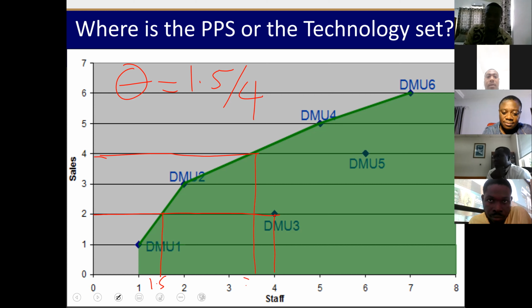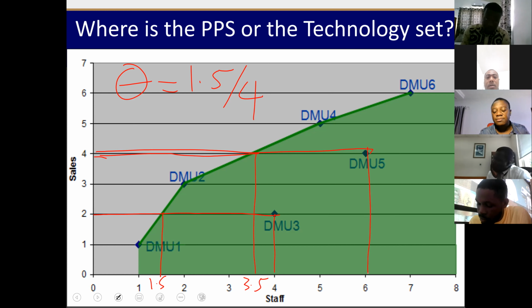Then that is divided by the distance from that same origin to DMU5, which gives you 6, you said. Yes. Then equal to 0.5.